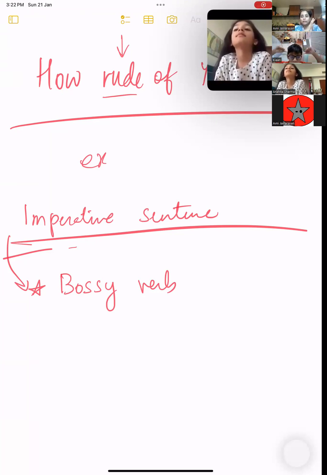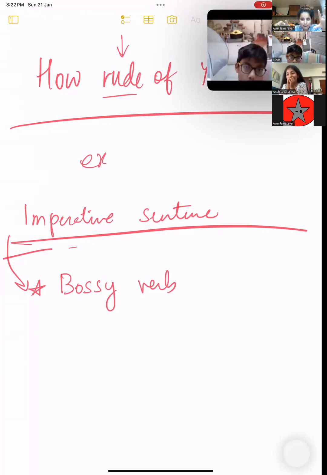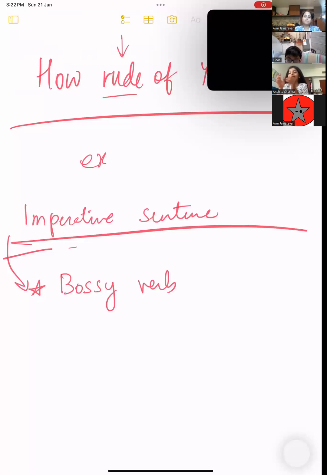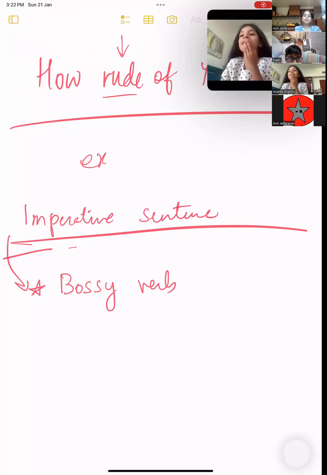Chalo. Do this now. Did I say Kian do this now? No. I just said do this now. Is it a bossy sentence? Am I sounding like a boss? Yes. So if your sentence is going to start with a verb and there is nothing in front of it, that verb is known as a bossy verb.